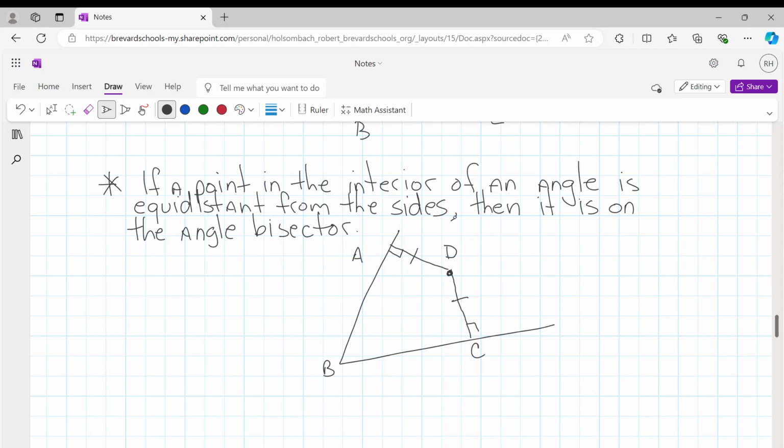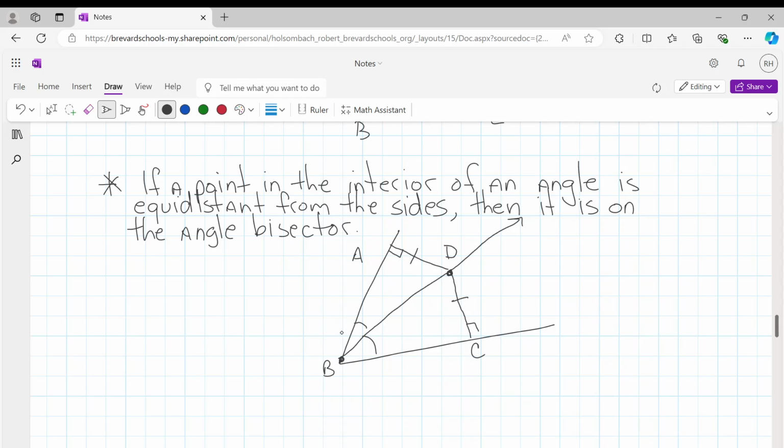The converse of the theorem says then it is on the angle bisector. That means that if we put a line from B through D, then BD is an angle bisector, and it splits this big angle down here on the bottom in half.